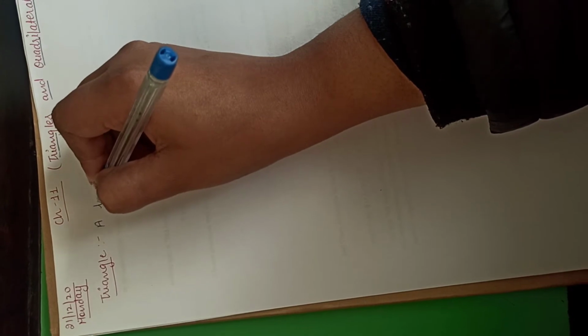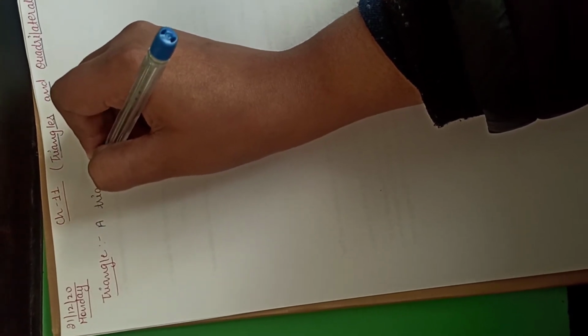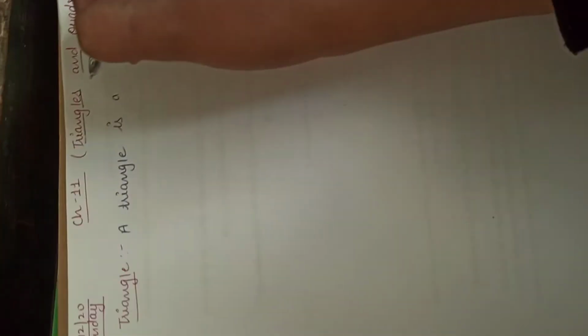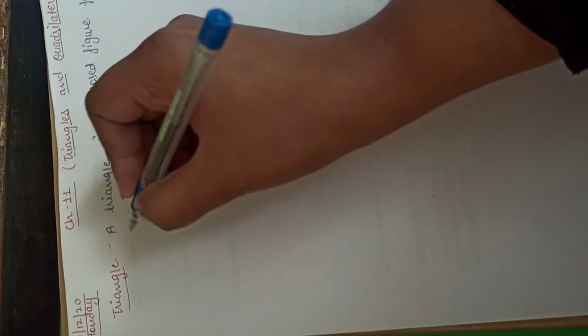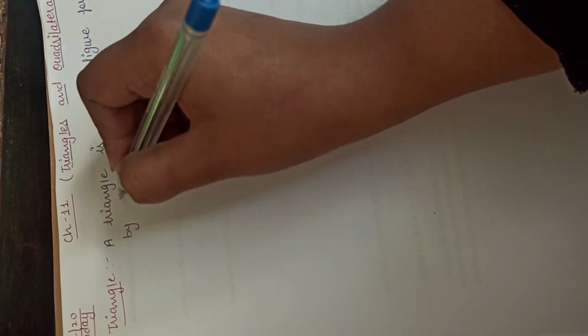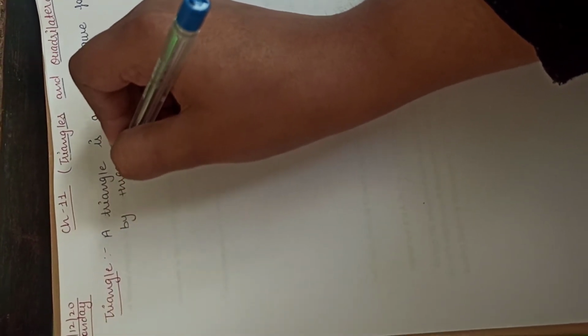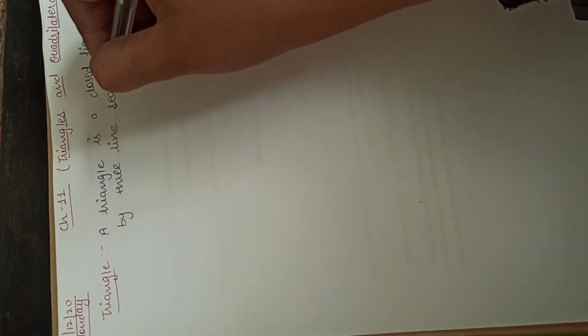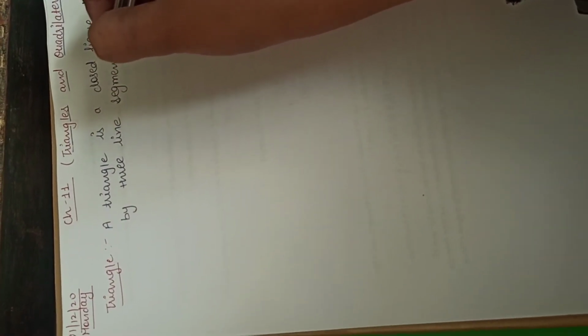A triangle is a closed figure formed by three line segments. Right?